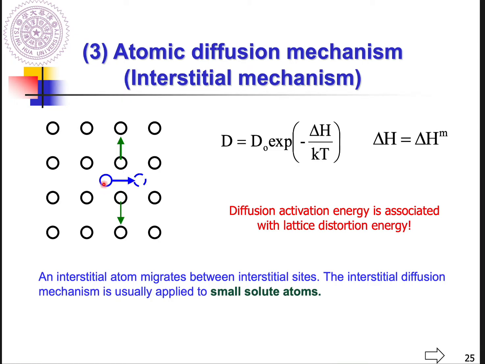So definitely this diffusing atom is small, so the lattice distortion is small also. So the interstitial atoms migrate between two interstitial sites.